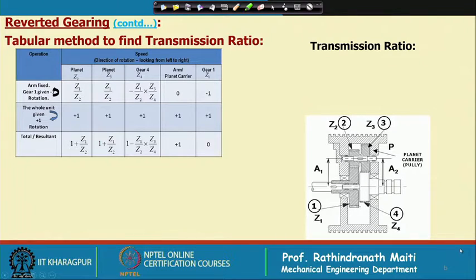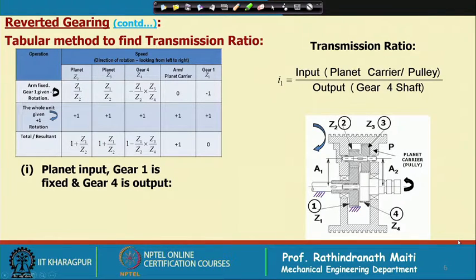Now, the transmission ratio is input, planet carrier pulley, divided by output, gear 4 shaft, the rotation or speed of that. If it is torque, it will be vice versa. Now, if we substitute, input planet carrier pulley is rotating at 1 revolution, and output is 1 minus Z1 by Z2 into Z3 by Z4.